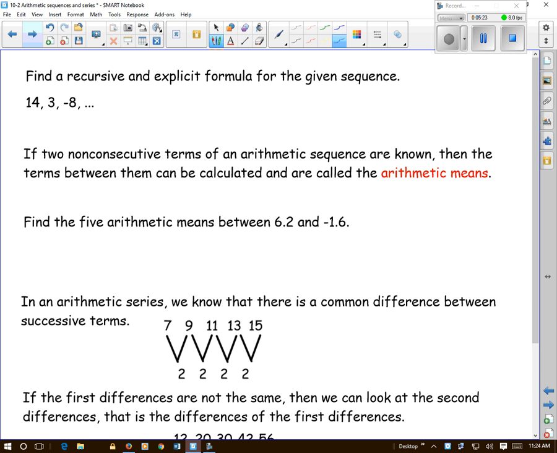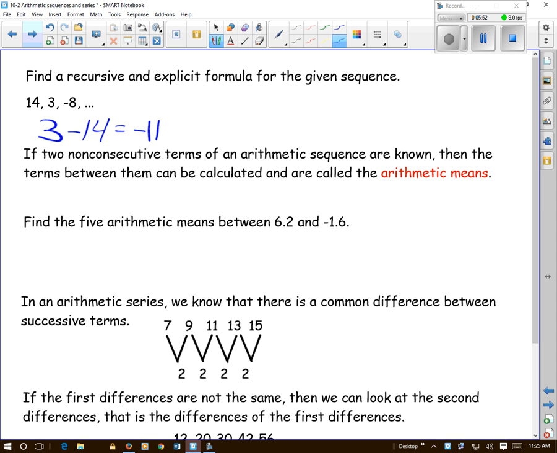We want to find a recursive and an explicit formula for this sequence. So first we would find what the common difference is. That is negative 11, because if we take the second term, 3, minus the first term, 14, that gives us the common difference.